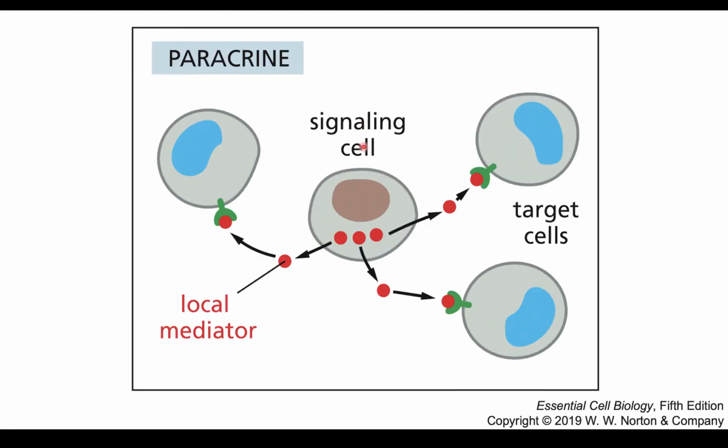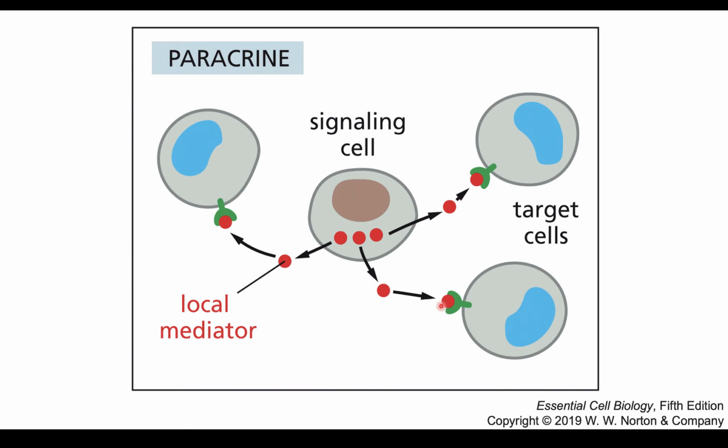When the cell producing the signal is nearby the target cell, only 1 or 2 cell diameters away, this is paracrine signaling. The simplest way that paracrine signaling works is for the signaling cell, the cell producing the message, to produce the signal in vesicles, which then fuse, are released into the extracellular space, and then can diffuse to nearby cells.